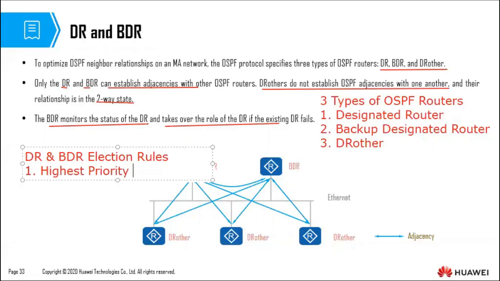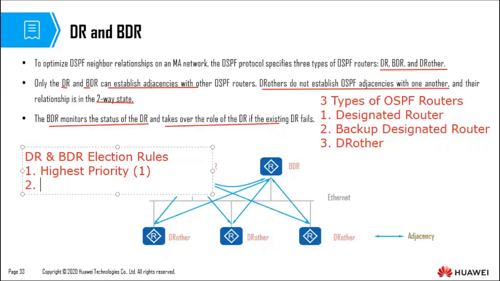The router priority: whoever has the highest priority is elected DR. The second highest becomes BDR. The default router priority is 1, but the router priority is configurable so that you can choose which router becomes the DR. So you can configure the router priority.